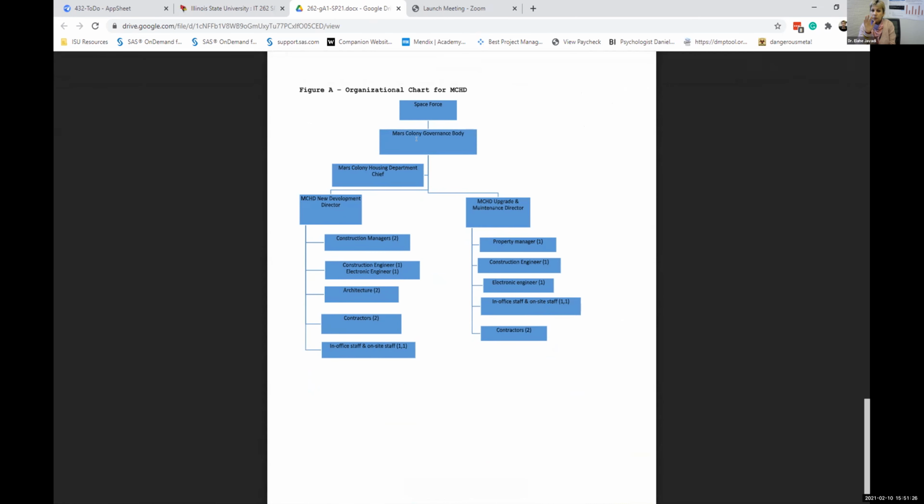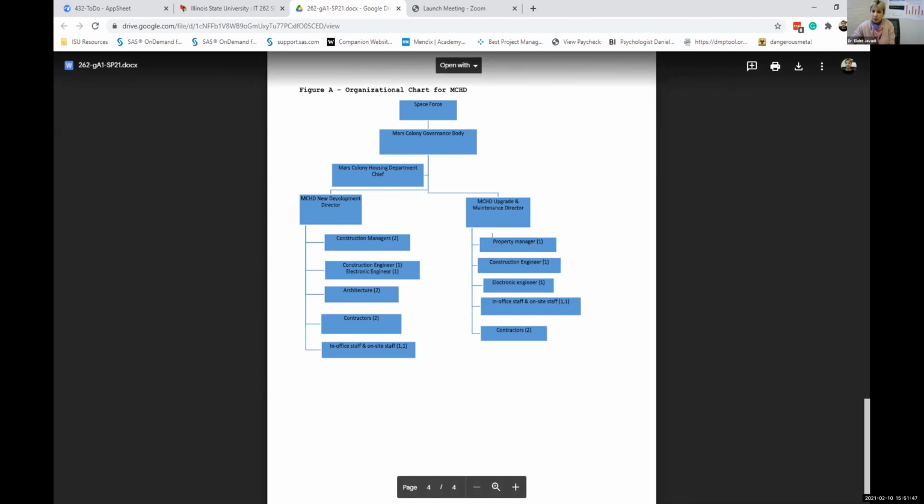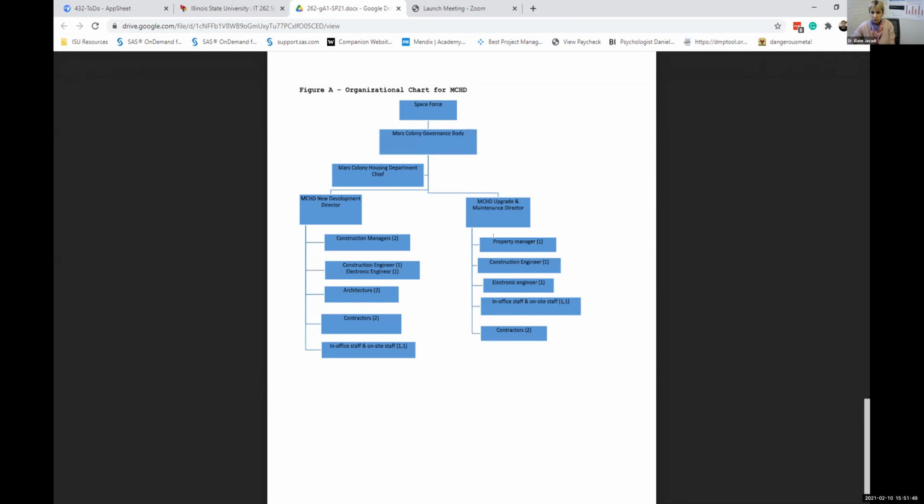I want you to pick stakeholders that would be related to your area of focus. Some of you are doing maintenance related work. You're creating an app to expedite the maintenance process. So for you, maybe the property manager would be an important stakeholder.